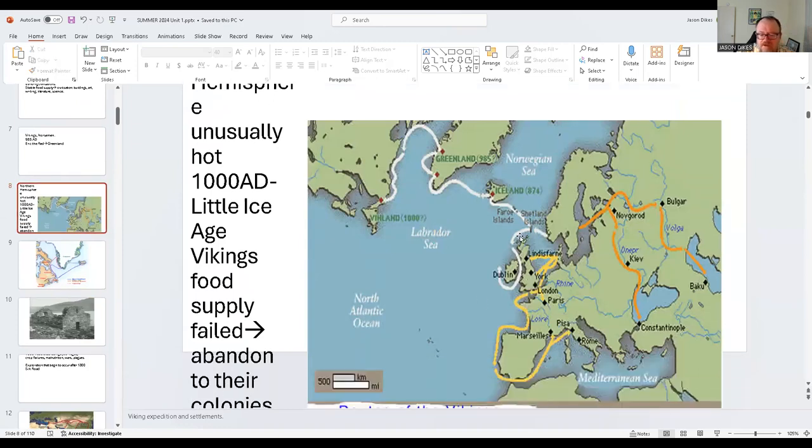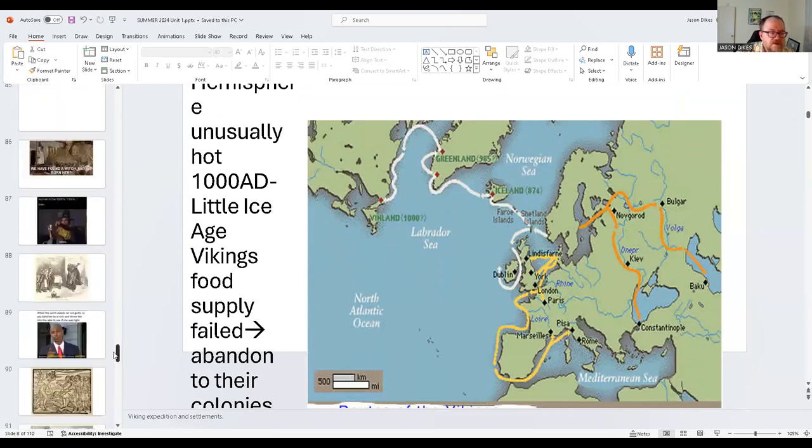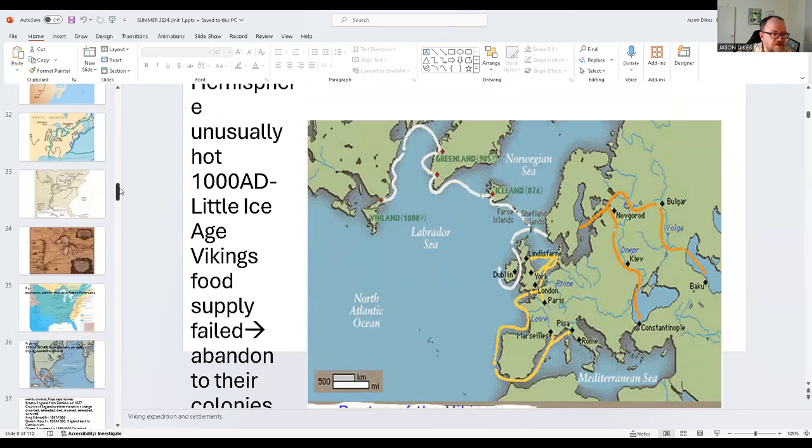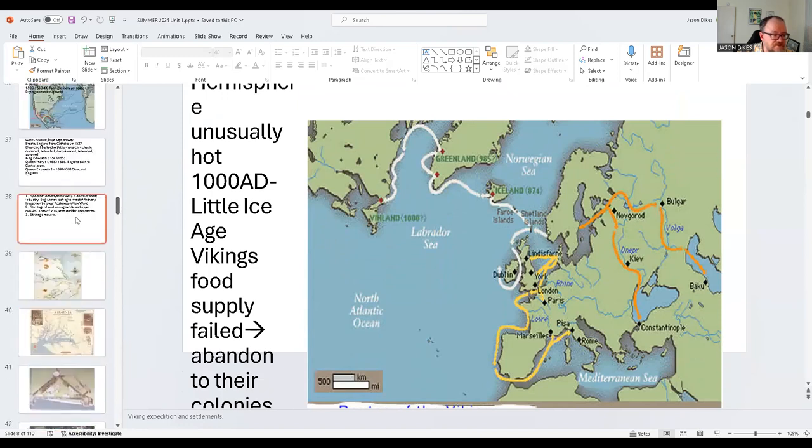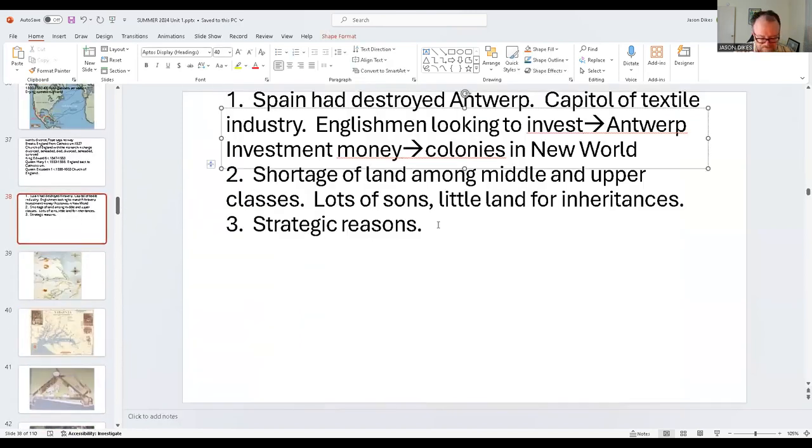Yes, England here is an island, and that means you can blockade the island if you have a large enough navy. Spain had a large navy because of all the gold that Spain found.